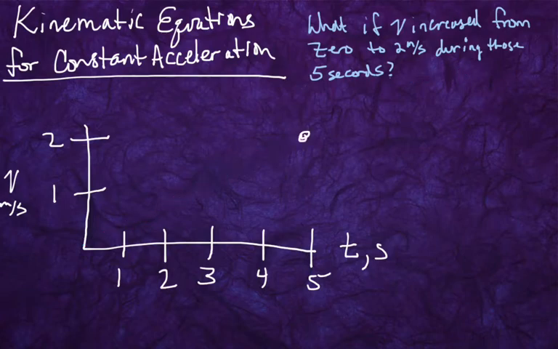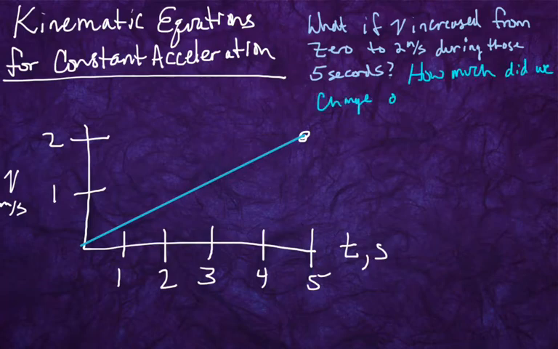There's our 5, our 2 meters per second, and we know we're starting at 0. We draw that line in there. How much did we change our position? What is our displacement?